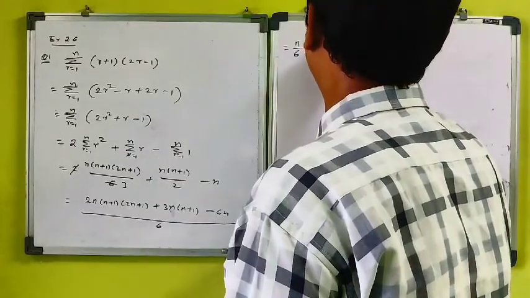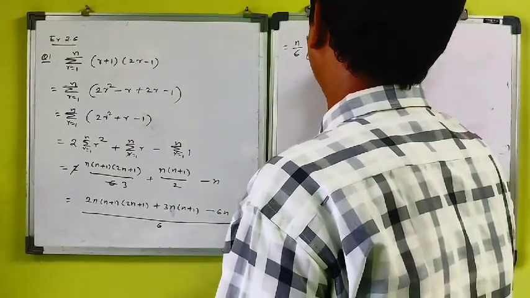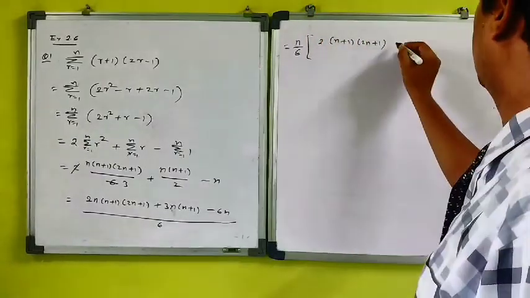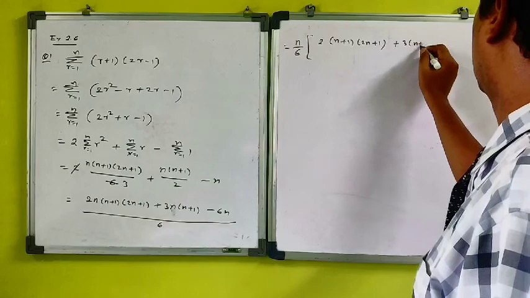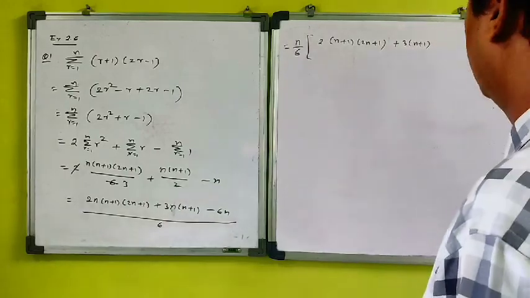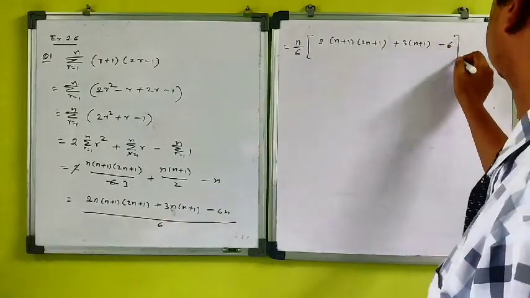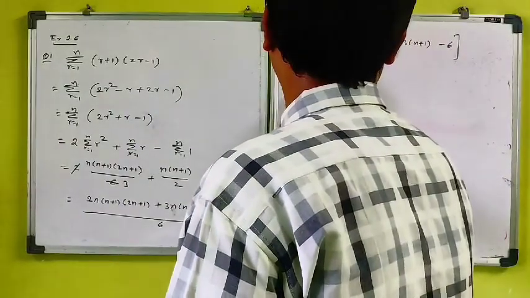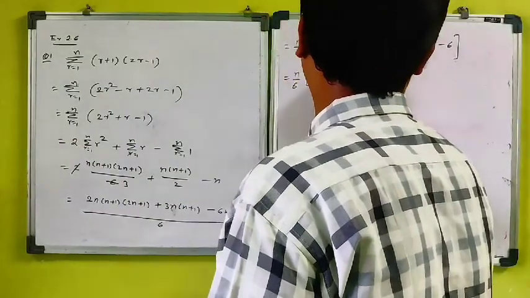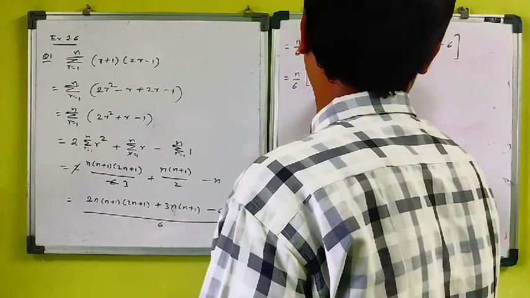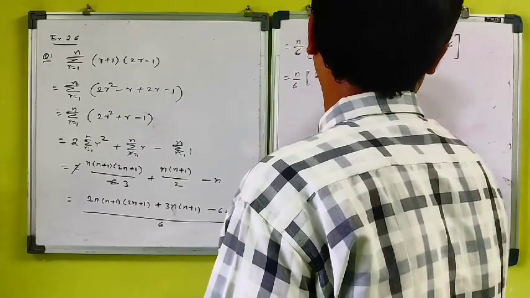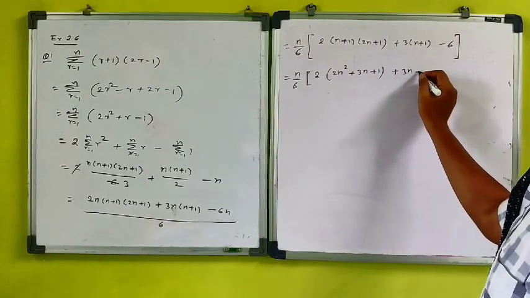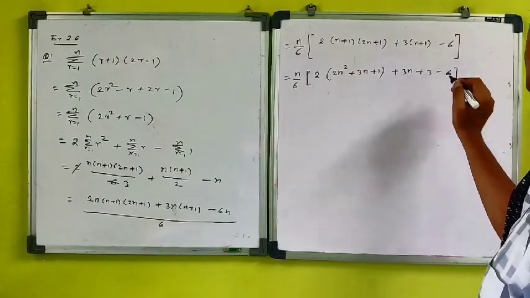So 2 into n plus 1, 2n plus 1, 3 into n plus 1 minus 6. That is n upon 6, 2 into 2n square plus 3n plus 1, plus 3n plus 3 minus 6.